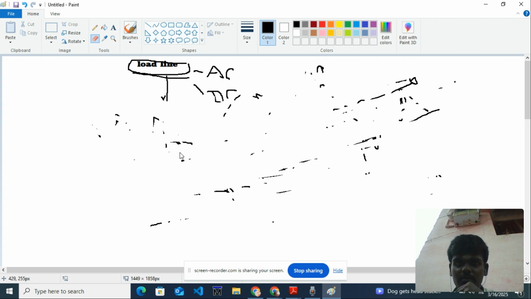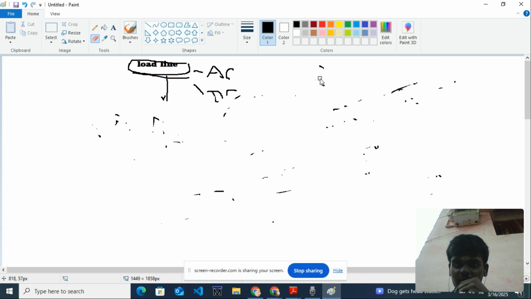If you measure AC analysis, before that you must measure the DC part. Then after that, you take the AC part. Then only you can measure that thing. So now you can come to the concept of the load line.